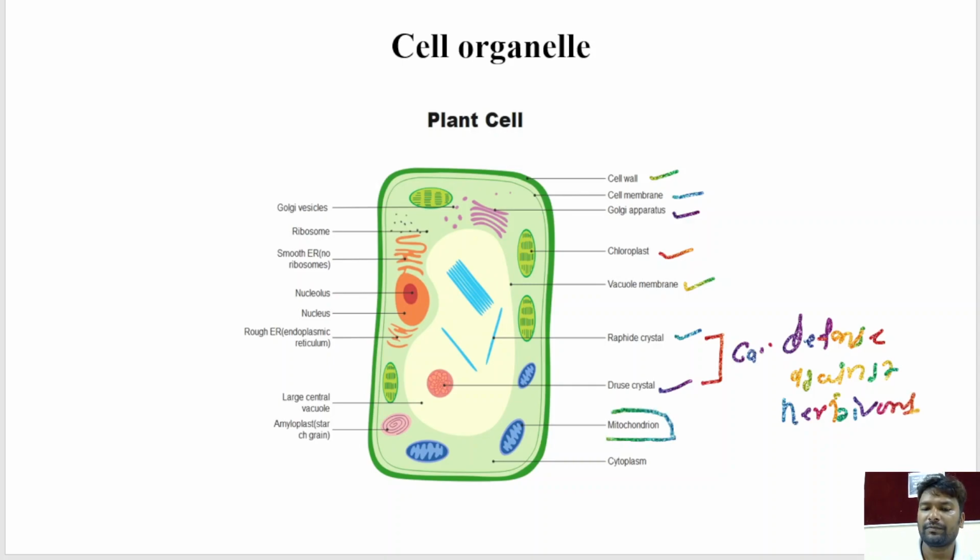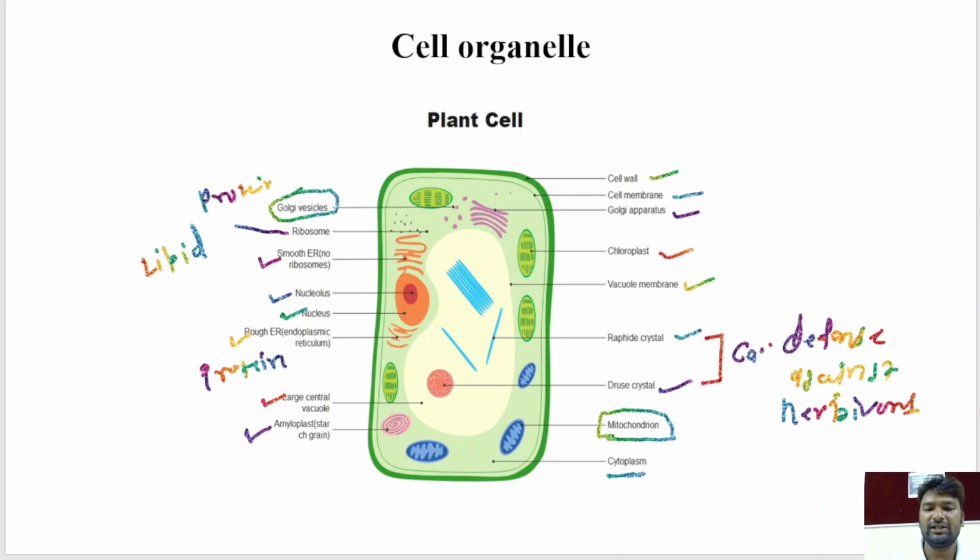Then mitochondria, cytoplasm, amyloplast, vacuole, rough endoplasmic reticulum, nucleus, and smooth endoplasmic reticulum. Smooth ER works in lipid biosynthesis, rough ER in protein biosynthesis, ribosomes in protein biosynthesis, and Golgi vesicles. So friends, these are the important organelles of plant cells.